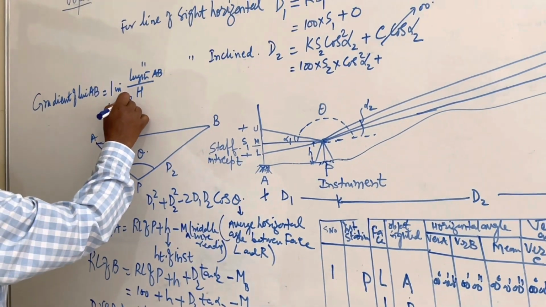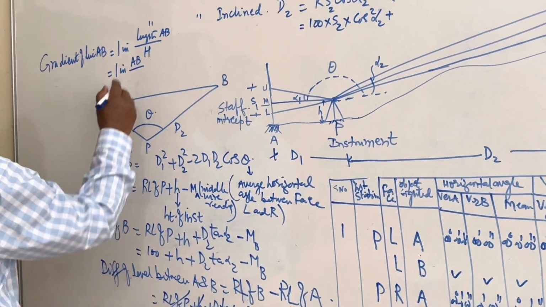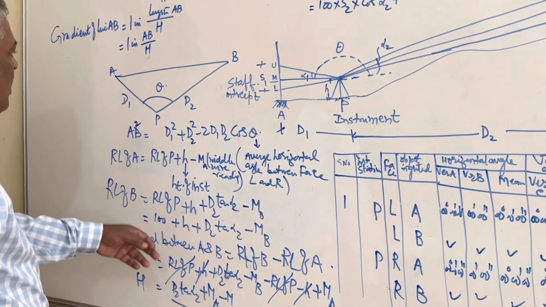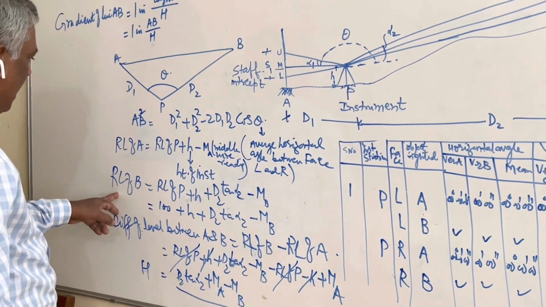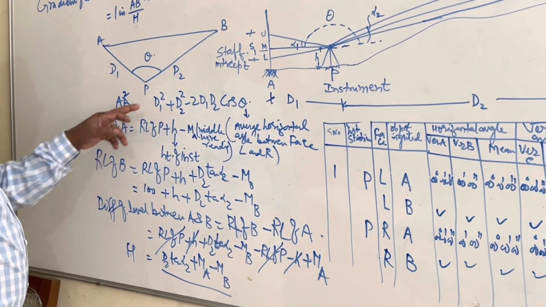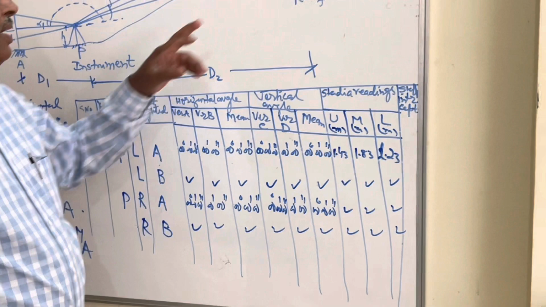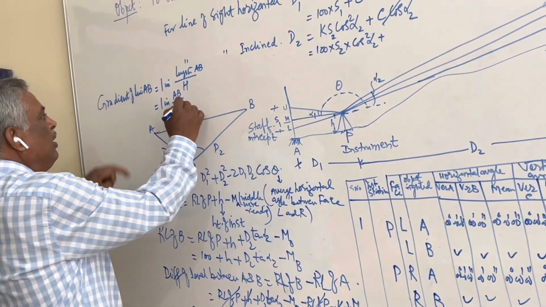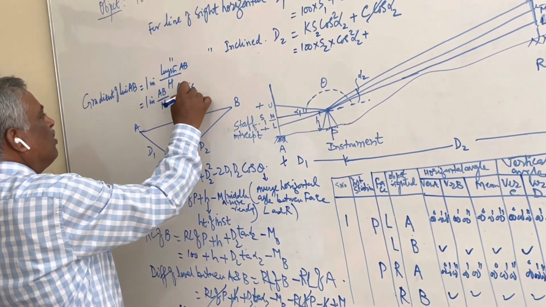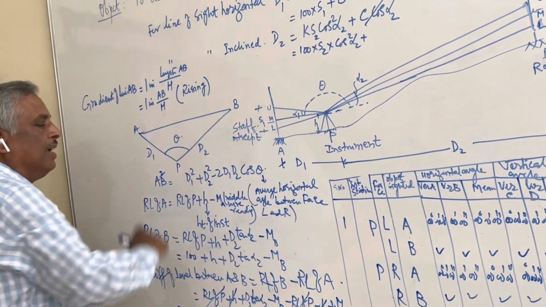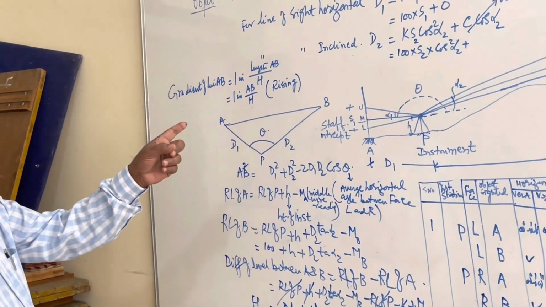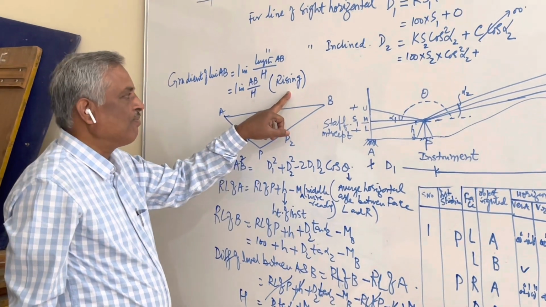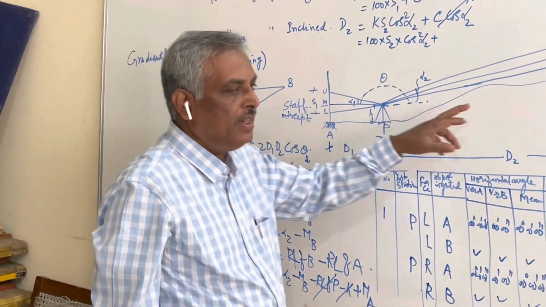Now on the basis of the plus or minus, on the basis of RL, we can find out which is the lower point, which is the higher point. Now we are finding line AB, A to B. A to B is rising. You must write the gradient of a line is rising. If you are saying the gradient of line BA, then it will be falling. Because A is the lower point, B is the higher point.